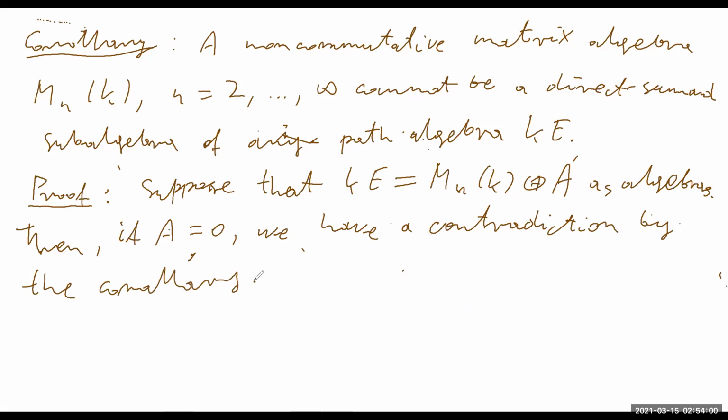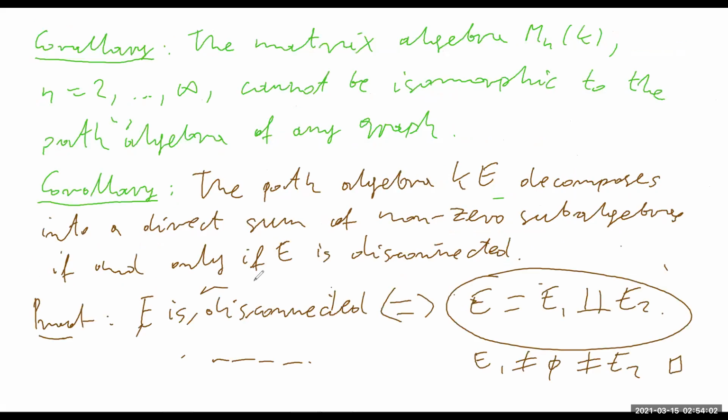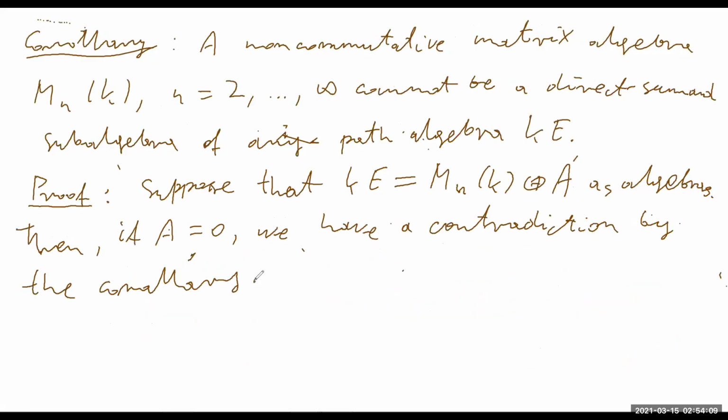Right, let me make it clear. I mean this corollary, the green corollary. Matrix algebra M_n(K) cannot be isomorphic to the path algebra of any graph. Okay. If A is not 0, well, then we have a non-trivial decomposition of KE into non-zero subalgebras. And by the theorem, both of them must be path algebras of a certain graph.